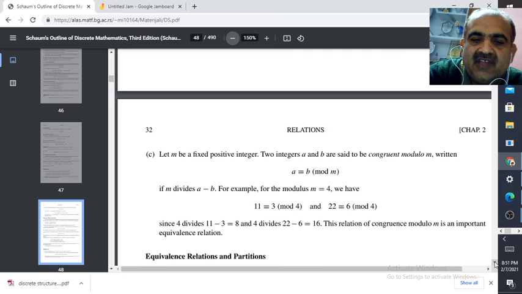A is congruent to B modulo M, written A ≡ B (mod M).